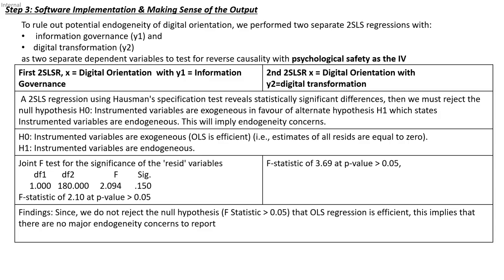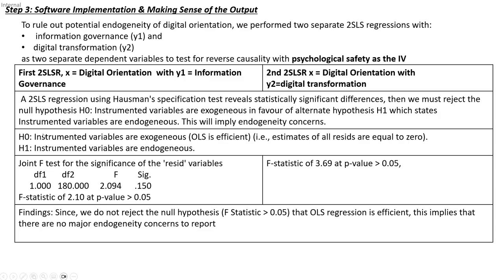What we have now is that there are two hypotheses. One is a null hypothesis, that the instrument variables are exogenous. And the other one is that the instrumented variable is endogenous. So if the p-value is less than 0.05, we have to reject the null hypothesis and our OLS is not efficient, and that means that there are endogeneity concerns.